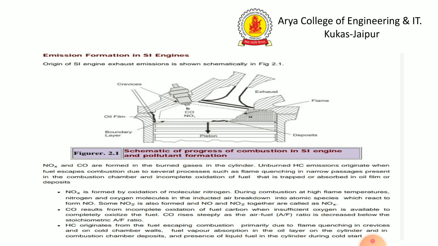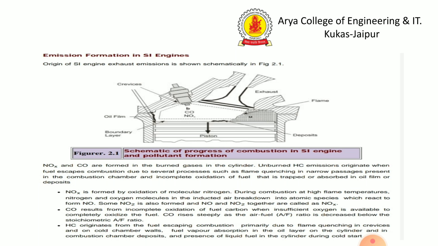NOx is formed by oxidation of molecular nitrogen during combustion at high temperature, which reacts to form NO. Some nitrogen dioxide is also formed, and NO and NO2 together are called NOx emissions.